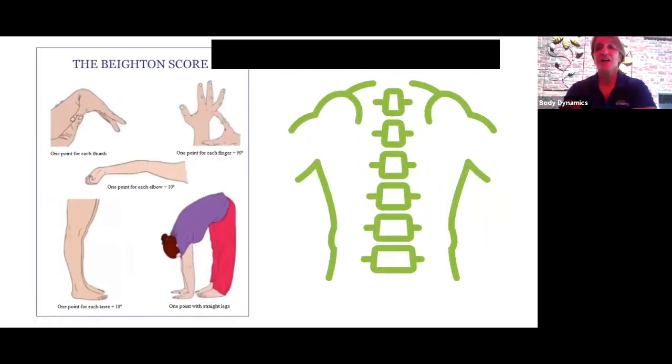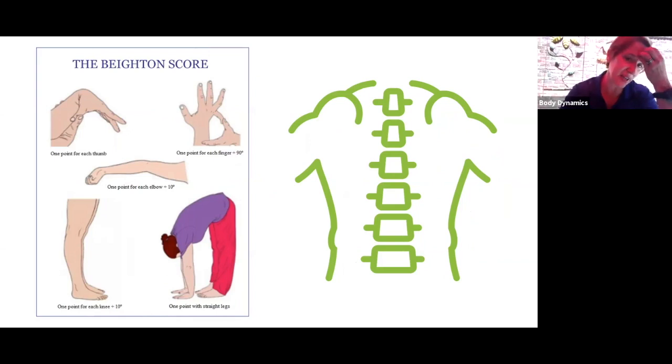All right, so there are lots of different ways to identify hypermobility. What you see on your left side is one system for identifying whether there is systemic laxity through all of your joints. If you have that, then perhaps that needs a little more than just a physical therapy intervention.